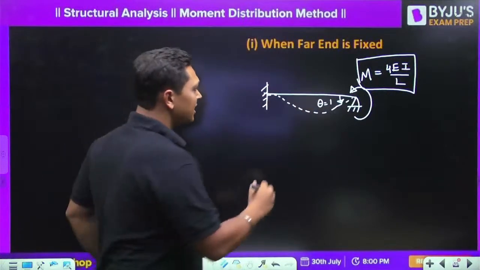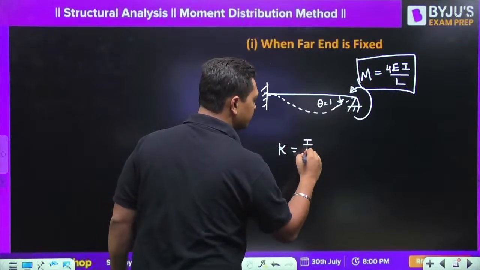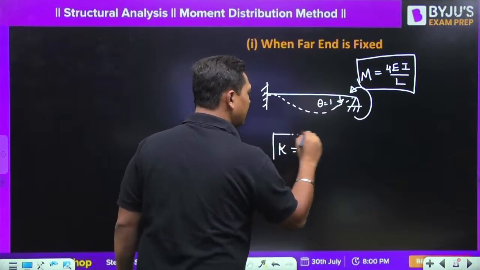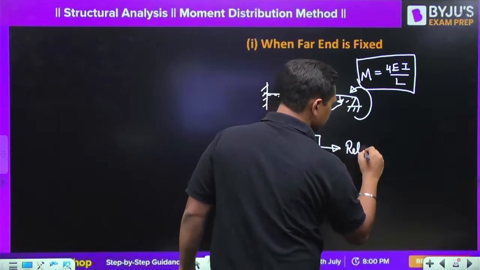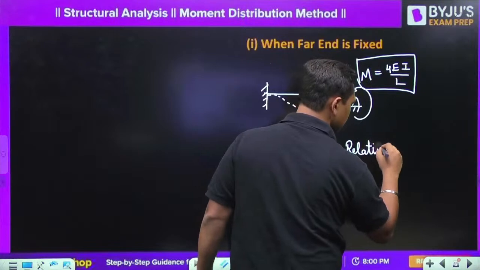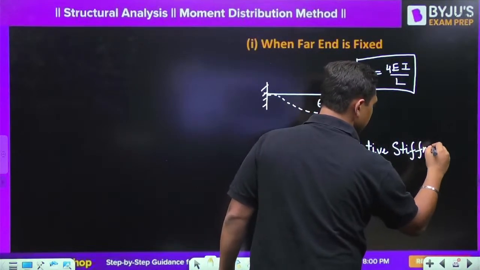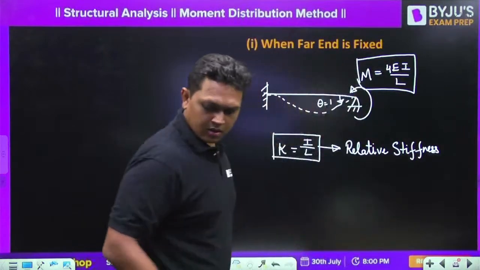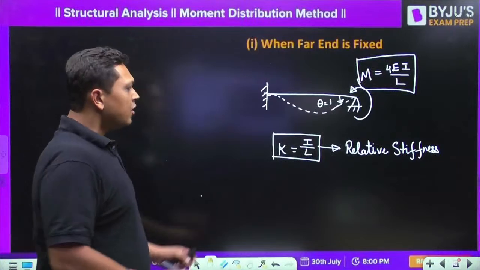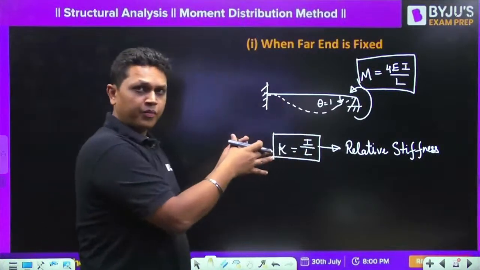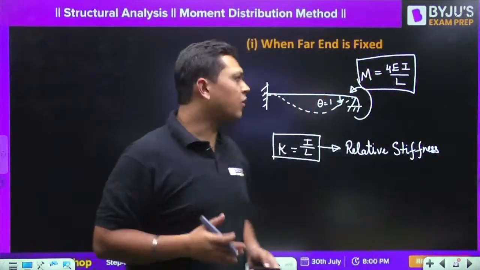For this case, the relative stiffness K is taken as I by L. Now, with respect to this value, the relative stiffness of the other types of support conditions is calculated.